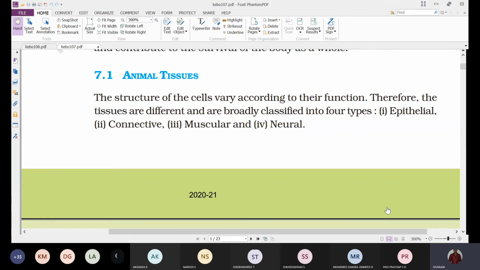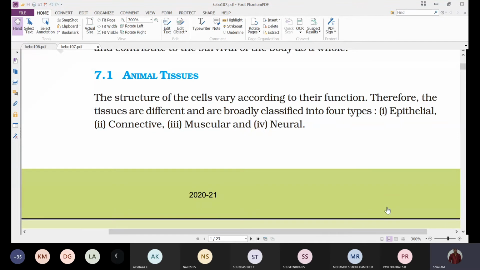Based upon their shape, structure, and function, the tissues in animals are basically divided into 4 types: epithelial tissue, connective tissue, muscular tissue, and neural tissue or nervous tissue. These are the 4 types of tissues that we observe in animals.